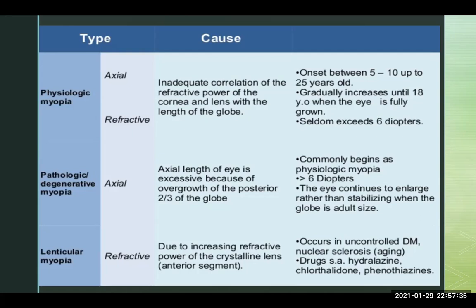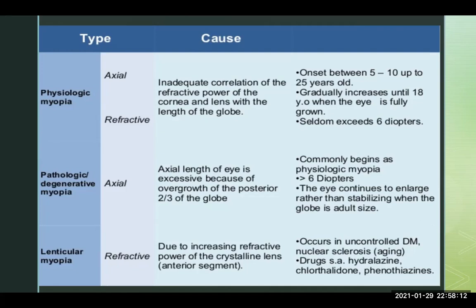Pathological or degenerative myopia is always axial, because it's related to stretching of the eye, where the axial length is excessive because of overgrowth of the posterior two-thirds of the globe. It may be accompanied by posterior pole abnormalities like posterior staphyloma, and also stretching of the retinal and choroidal fibers with degeneration of the choroid and retina, called myopic chorioretinal degeneration.